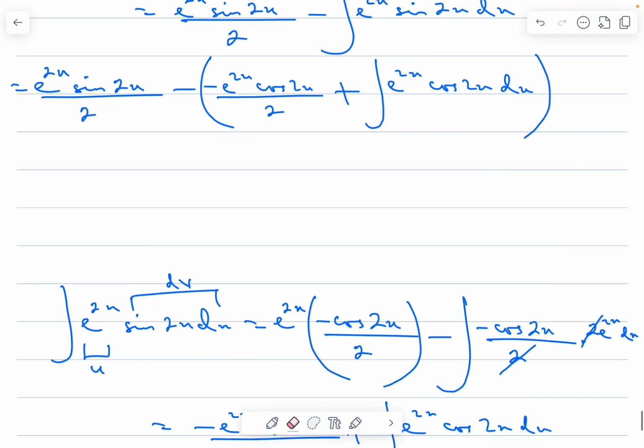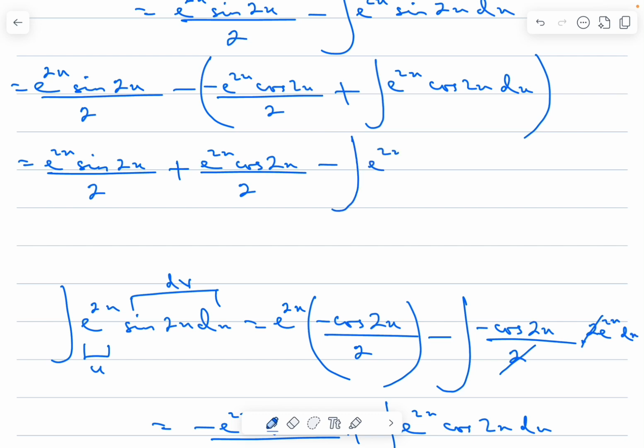So what's the next thing? That's e raised to the power 2x sine 2x over 2. When we open the brackets here, we have plus e raised to the power 2x cos 2x over 2 minus the integral of e raised to the power 2x cos 2x.